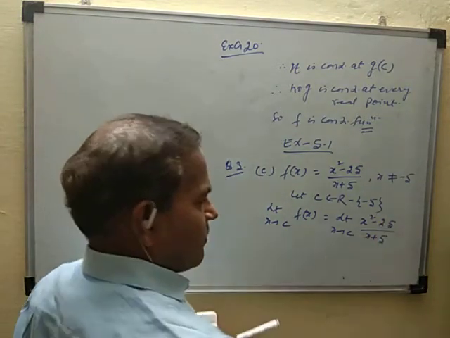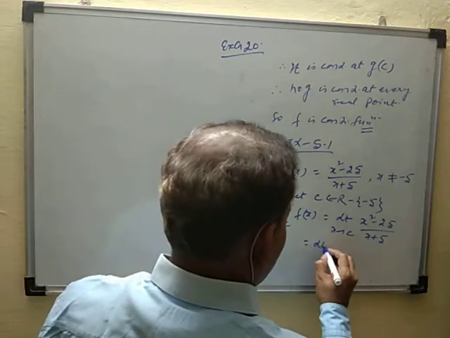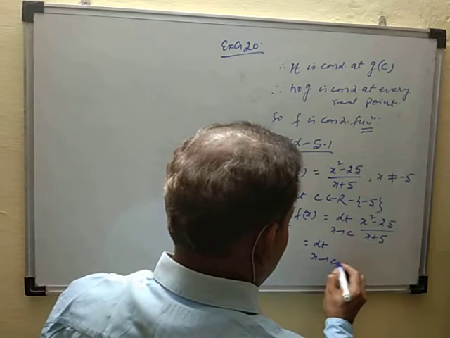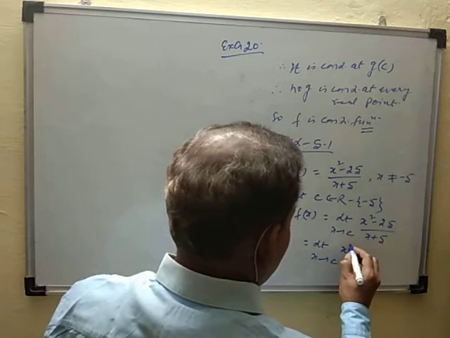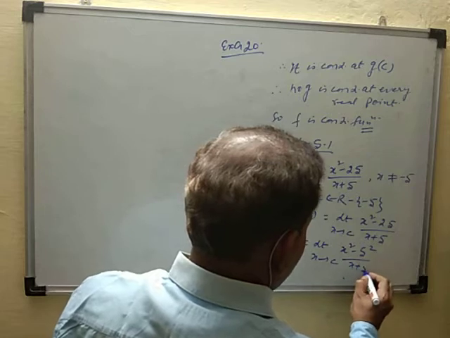This 25 can be written 5 square. So this is equal to limit x tending to C x square minus 5 square by x plus 5.